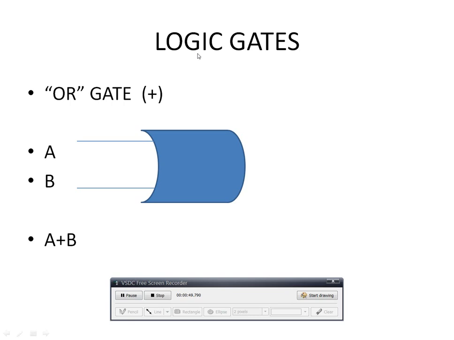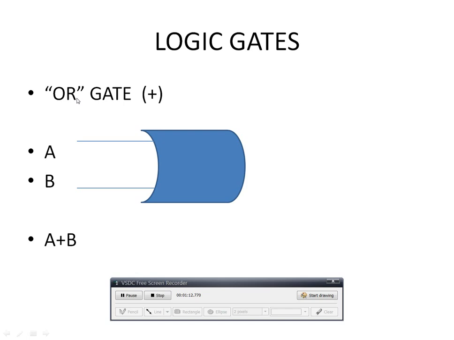Now, there is what we call logic gates. Gates, as you know, is a passage, something you can pass through into another location. Now, logic gates are basically three types, but in this short tutorial we shall be treating two.